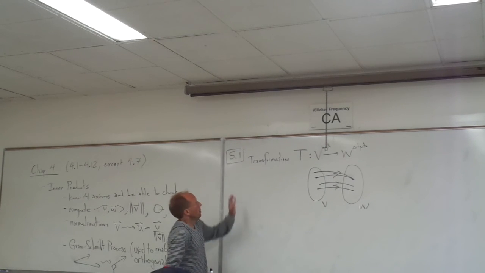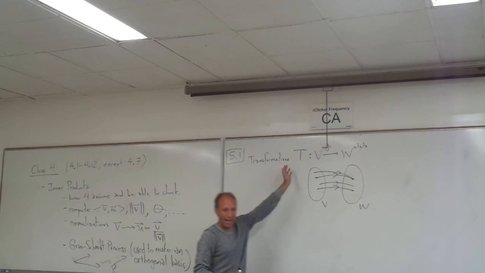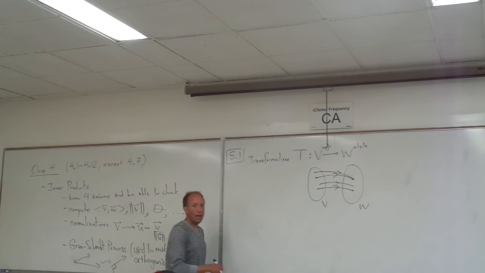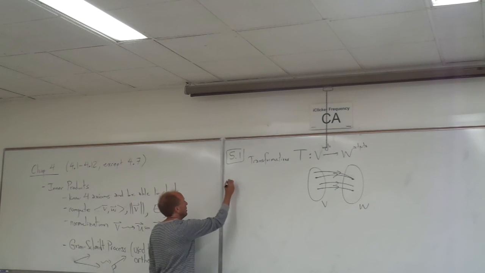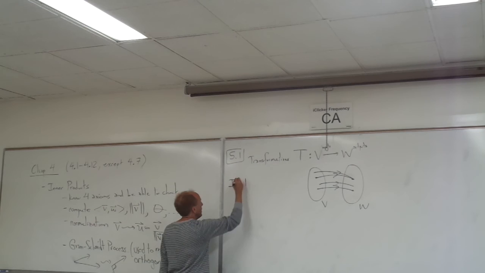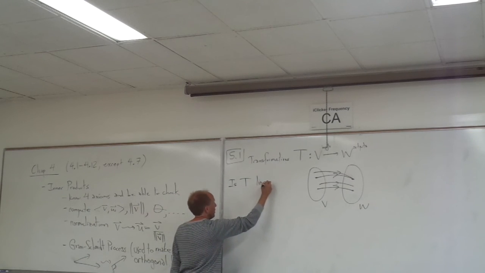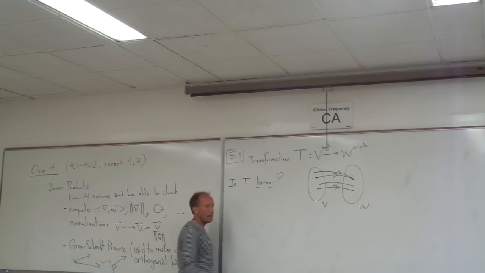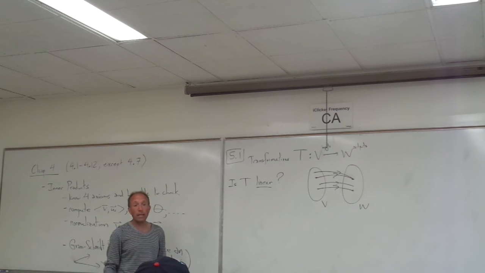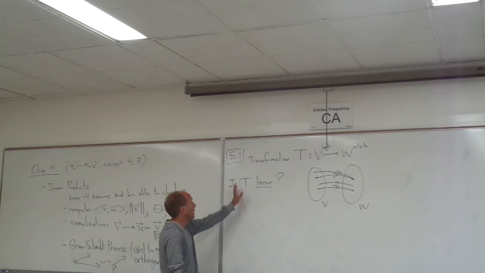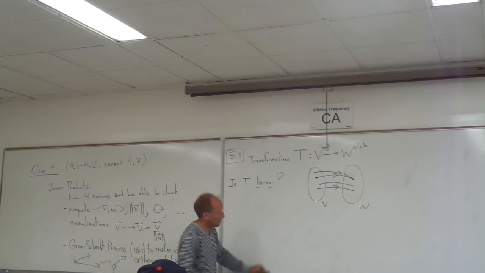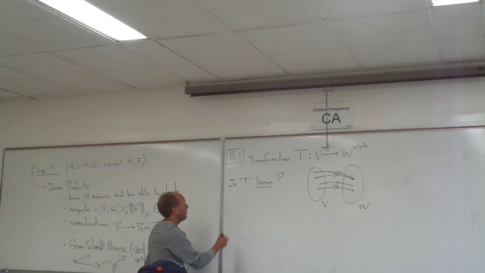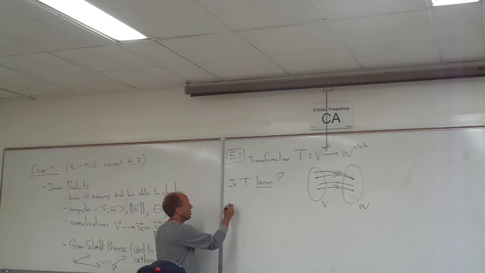And given a function like that, the main question that I will be asking you is: is T linear? That's going to be the main question. And what that means, simply, and again, I'm going to go over it again tomorrow, in those videos if you want to watch those.